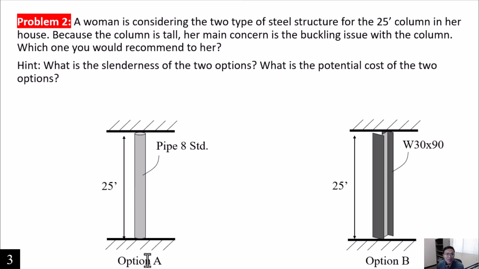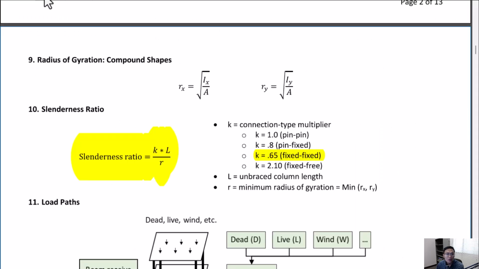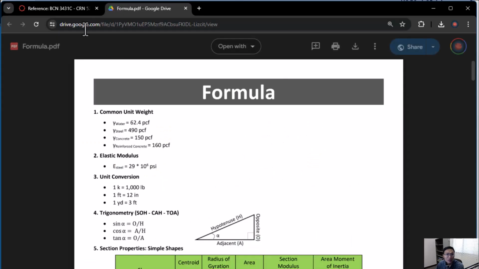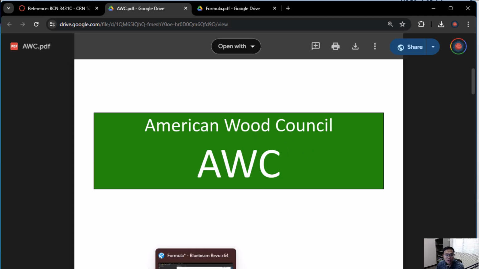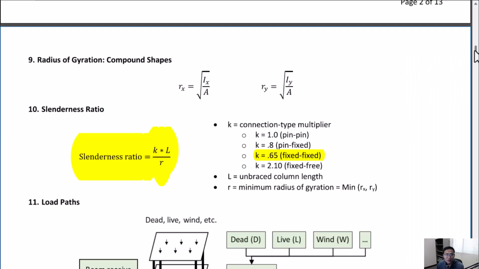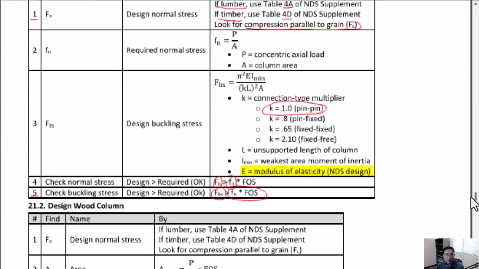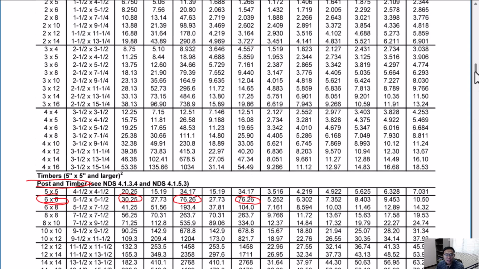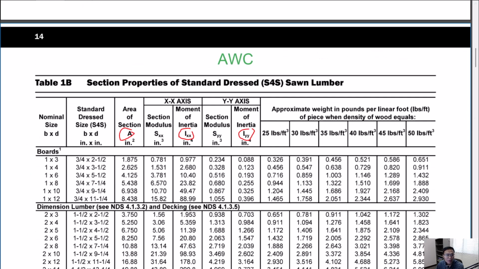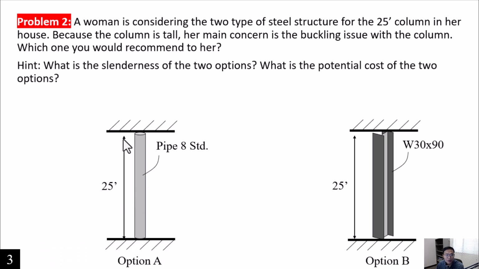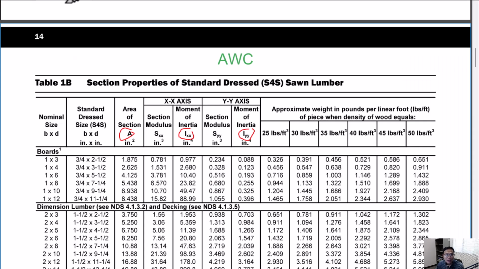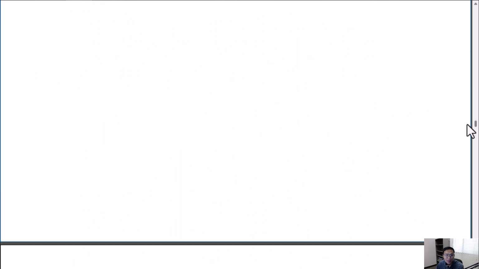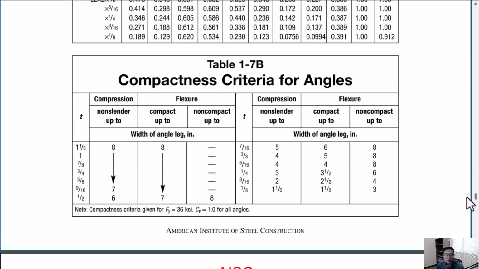Now let's take a look at option A. You can go to the reference, AISC for steel. My mistake, I first said the American Wood Council, but this one is steel, so we should open the AISC and go down to pipe.